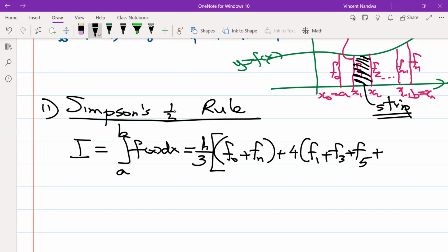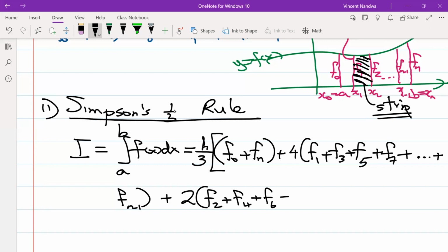F7, followed by other several terms, plus the last one will be f n minus 1, correct. And then we have 2 times f2 plus f4 plus f6. What will be the next one? F8, then plus other several values.